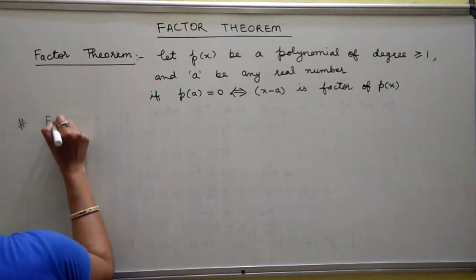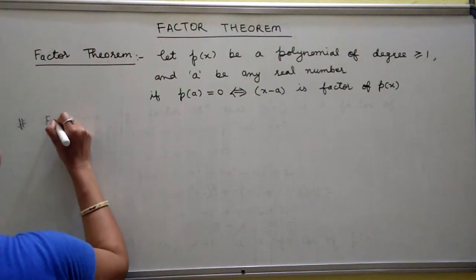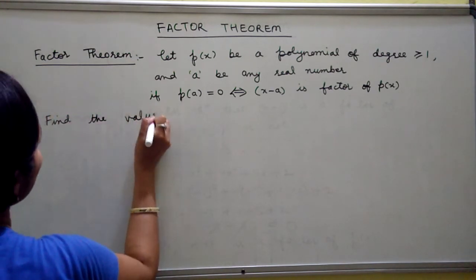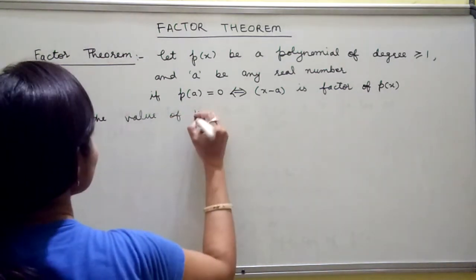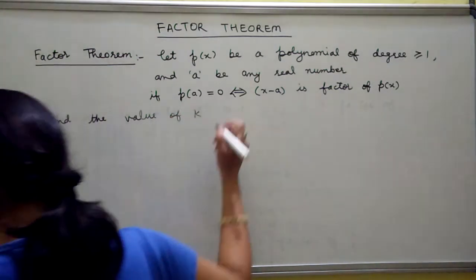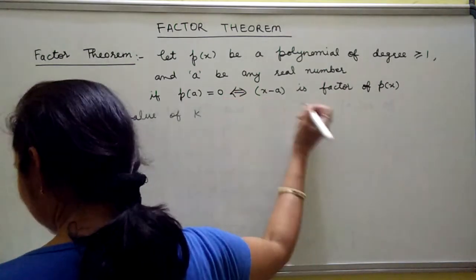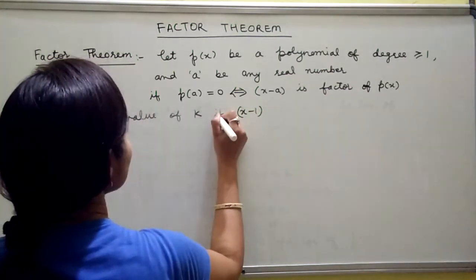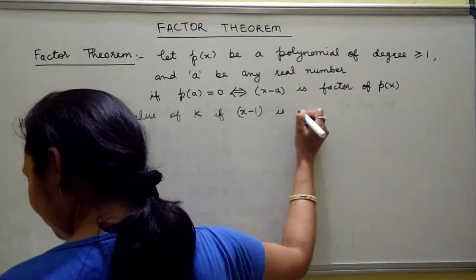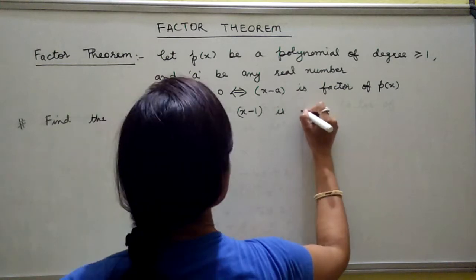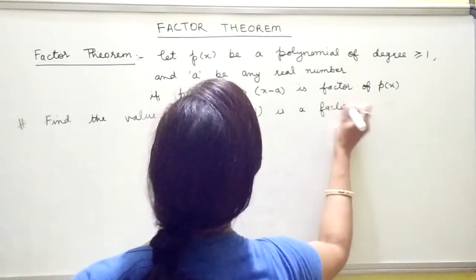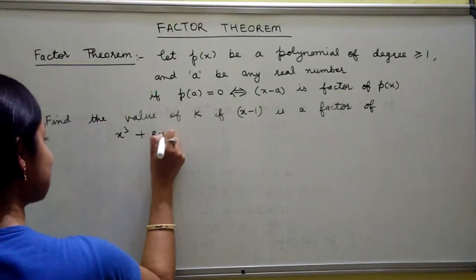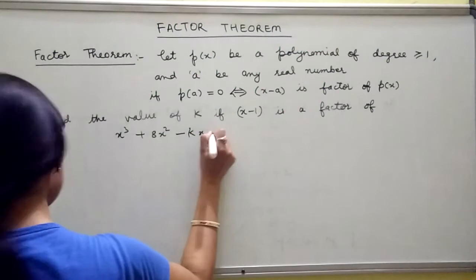Find the value of k if x minus 1 is a factor of x cube plus 8x square minus kx minus 2.